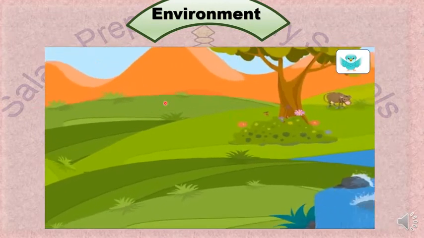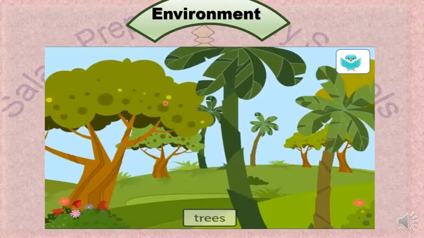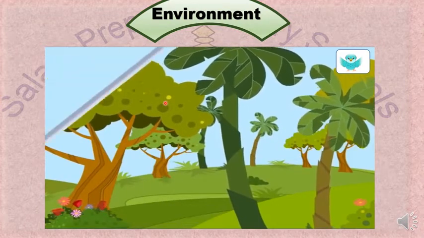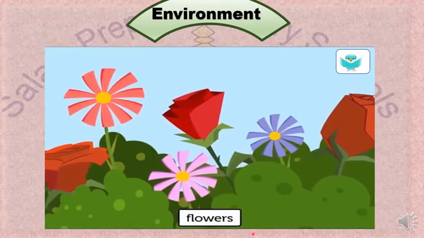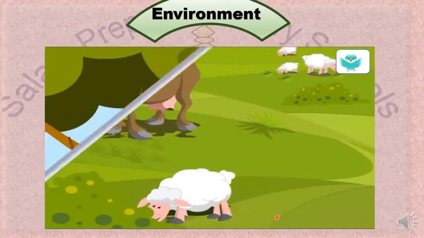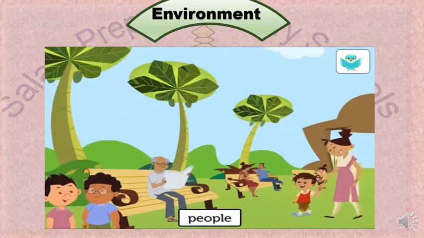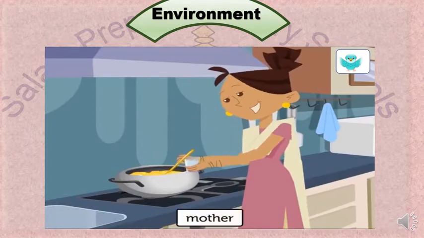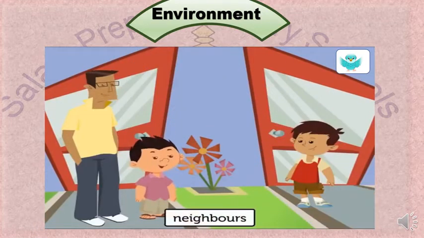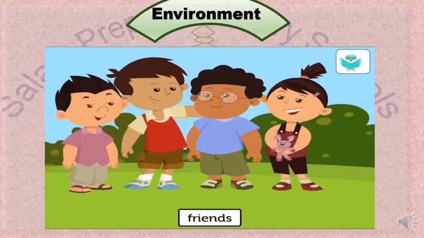It consists of everything we see around, like trees, plants, flowers, animals, birds, and also people. People like mother, neighbors, friends are all a part of the environment.